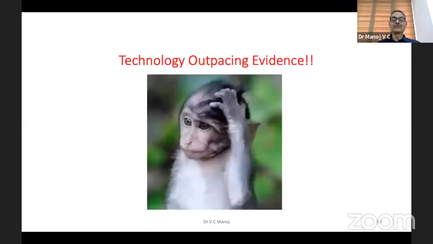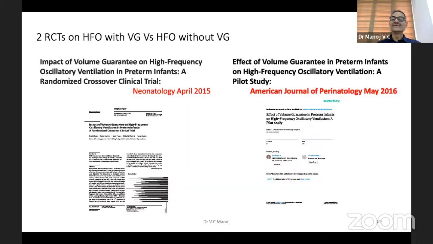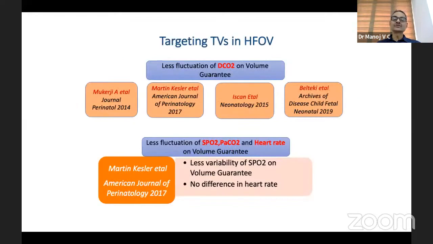Okay, so far so good, but will it actually improve the outcome? This is the million-dollar question, where technology is outpacing the evidence. Technology has made this possible. Now we need to collect evidence for this. There are only very few studies which have looked at this, and all these studies have shown lesser fluctuation of DCO2 when volume is targeted.